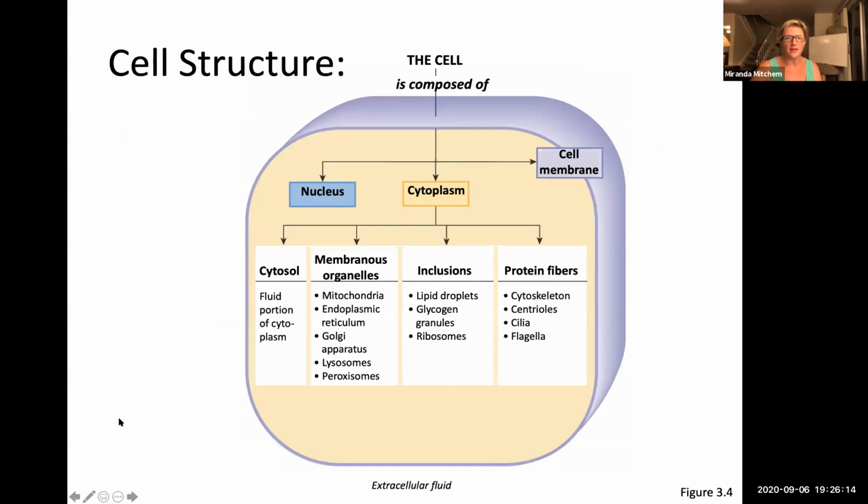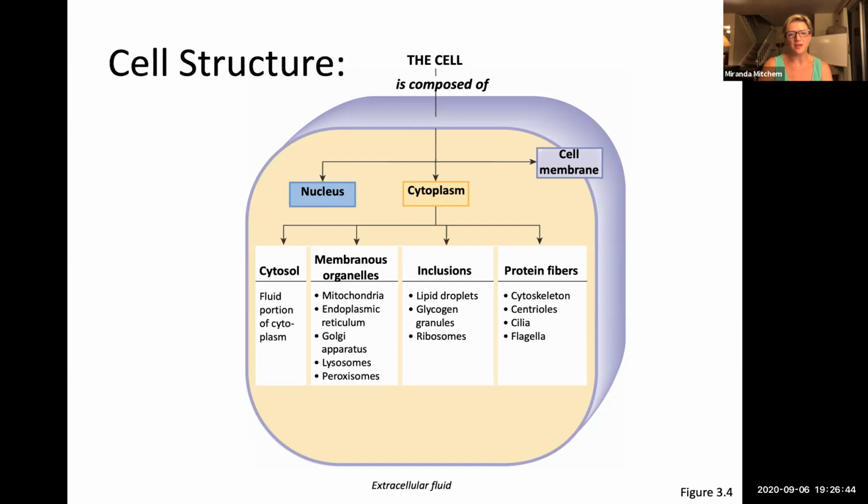So looking at that in a version of a concept map, we have the nucleus, the cytoplasm that is external to the nuclear membrane, and then the cell membrane surrounds it all. Our cytosol is just the fluid portion of the cytoplasm. So you can think of the cytosol as equal to the cytoplasm minus the organelles that are present in it.